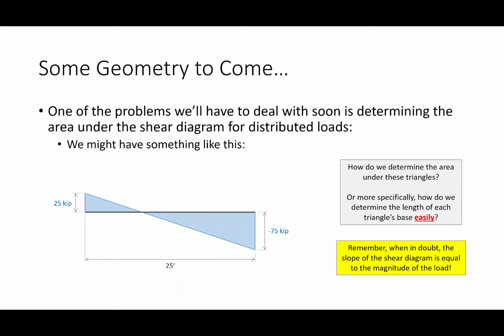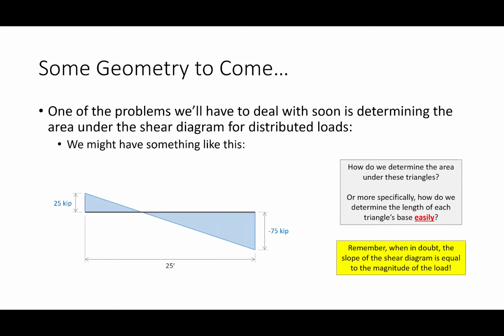Okay. Now let's ignore the calculus a little bit. Let's just get back to some basic fundamentals. We're going to be dealing with some geometry problems in some of the examples that we're going to do. And what I don't want to happen is I don't want you to fully understand the structural analysis but fail at a challenge like this.